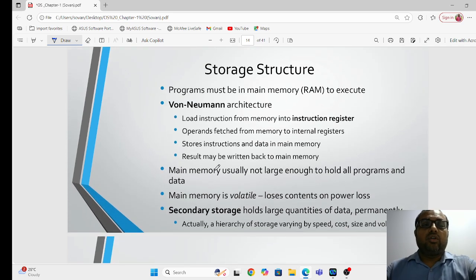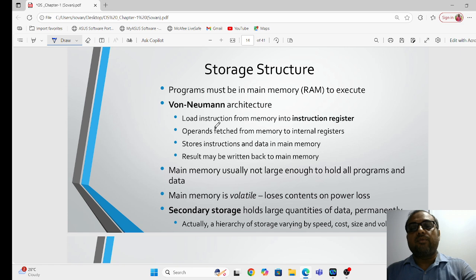Then you know the storage structure: our RAM, which is the main memory, and the von Neumann concept in our architecture portion. In the previous semester we talked about how the von Neumann architecture works.